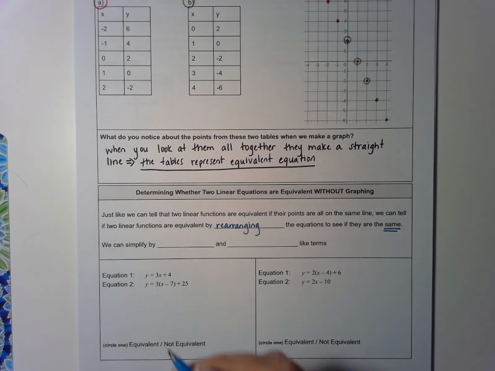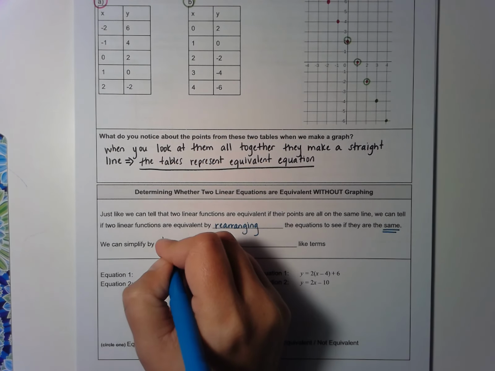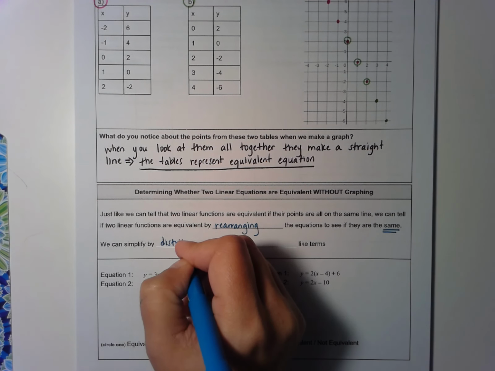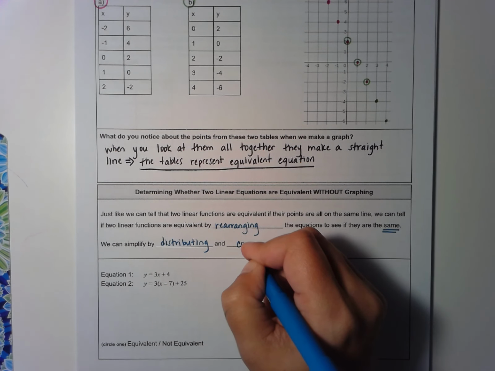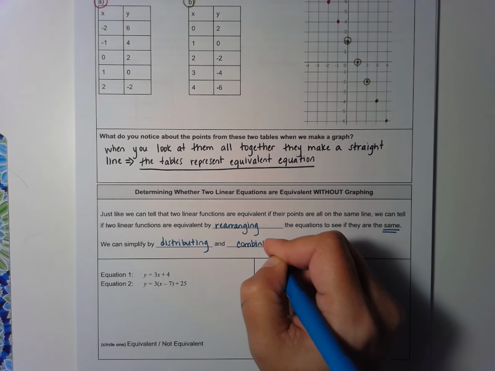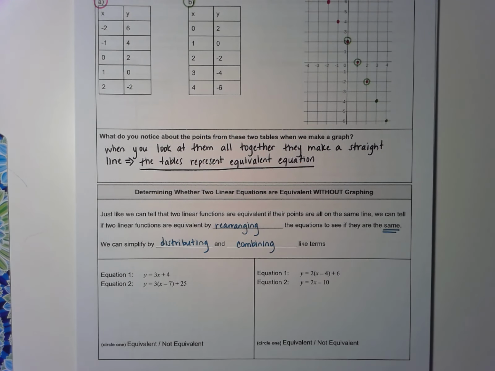We do this by distributing and combining like terms. So, for this first problem, we've got equation number 1 is this guy, and equation number 2 is this guy. And we want to see if they're secretly the same equation, just in disguise.